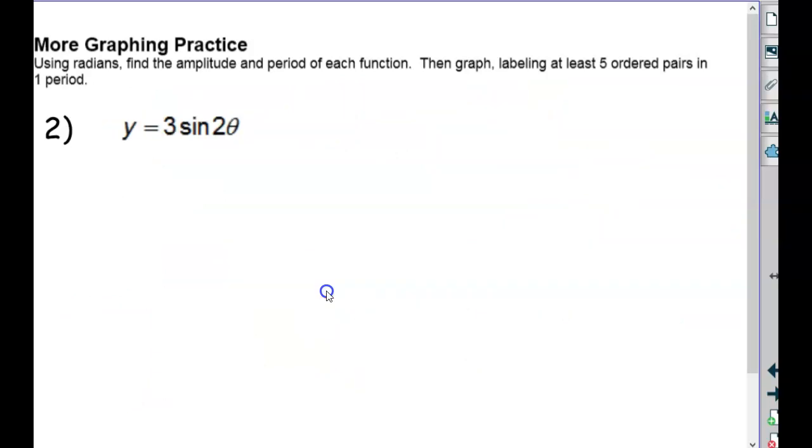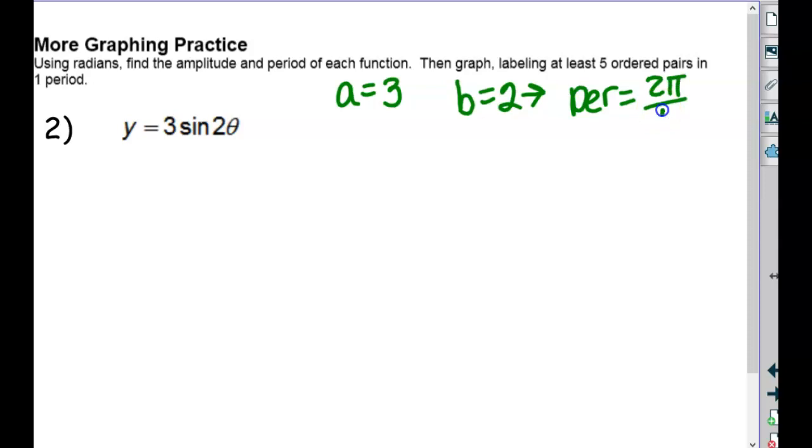Can you try this one on your own? How far can you get? Amplitude? Period? The B is 2, but the period becomes what then? 2 pi over B. So it's pi. Before we graph, though, what's the shape?